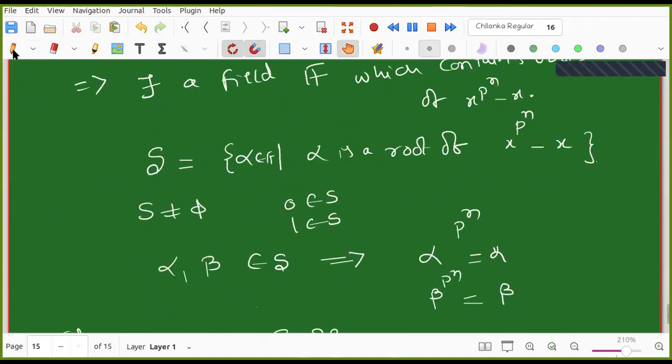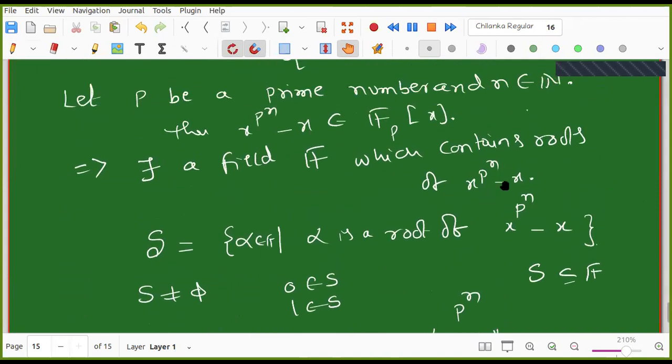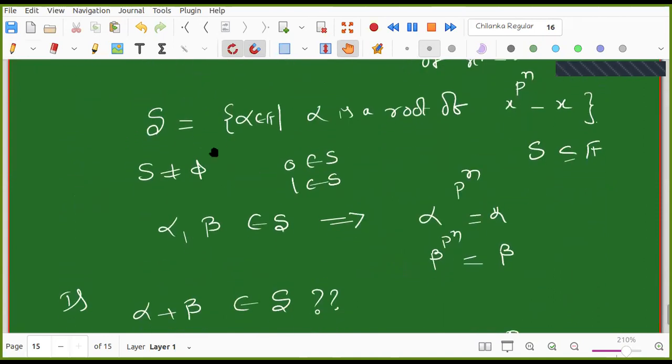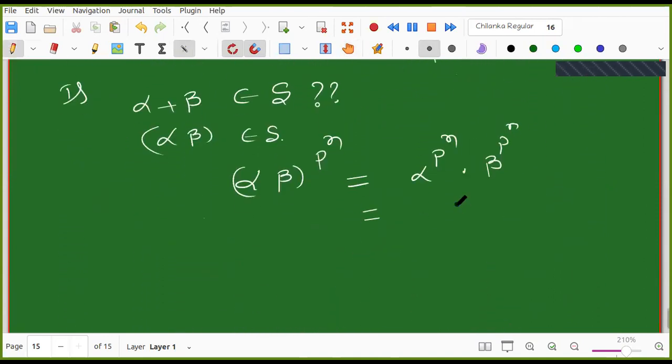My S is a subset of F. What is F? F is a field which contains the roots of x^(p^n) - x. This polynomial is f_p(x), where p is a prime number and n is a natural number, and S is a subset of F. So this is equal to alpha times beta. This part is true.